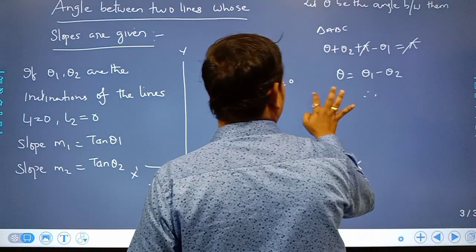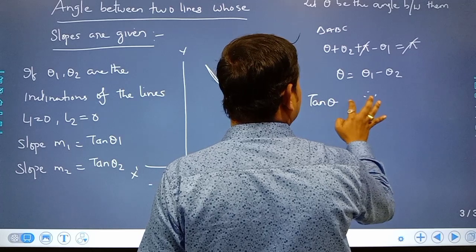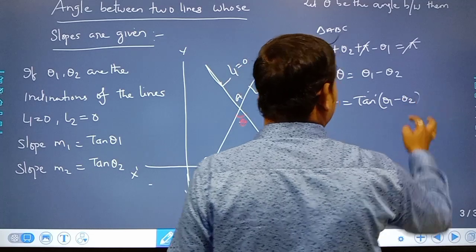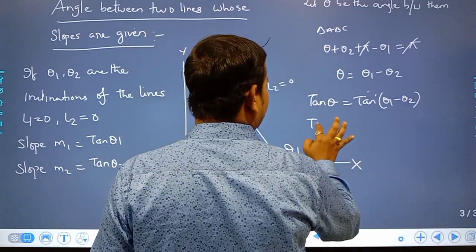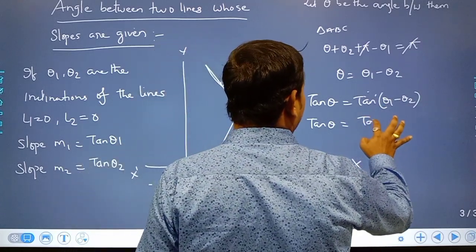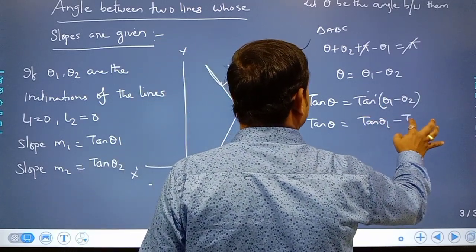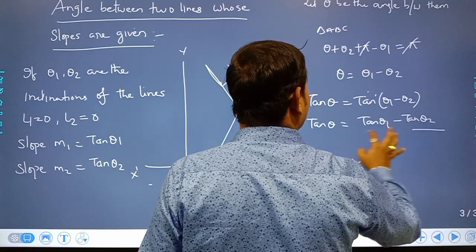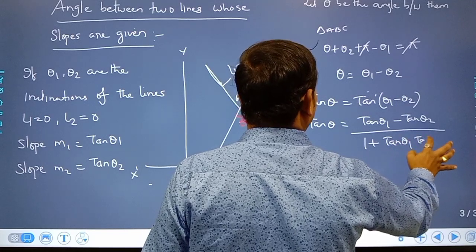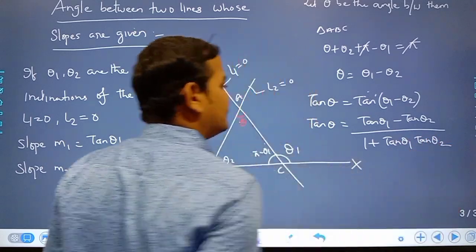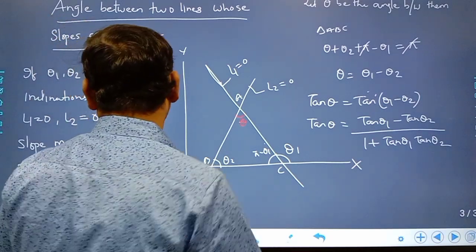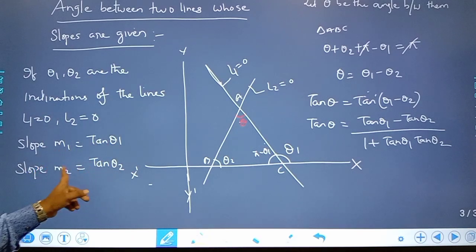Now we apply tan. Tan theta is equal to tan of theta 1 minus theta 2. The formula for tan of A minus B is tan A minus tan B by 1 plus tan A tan B. But tan theta 1 is M1 and tan theta 2 is M2.